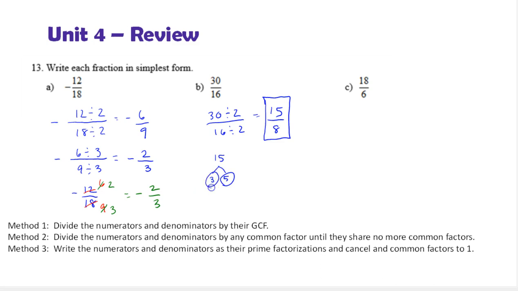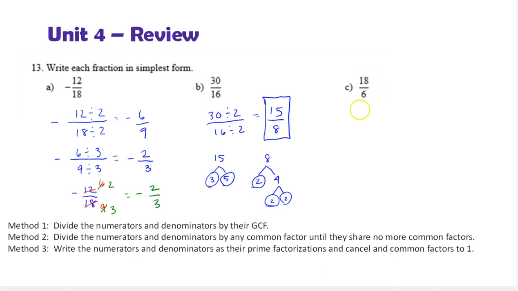Okay, so you don't necessarily have to write this all out. 2 times 4, 4 is 2 times 2. Okay, but I thought of it in my head thinking of what the factors were, and I realized they didn't have any in common. If you want to be absolutely certain, you could write these prime factorizations.